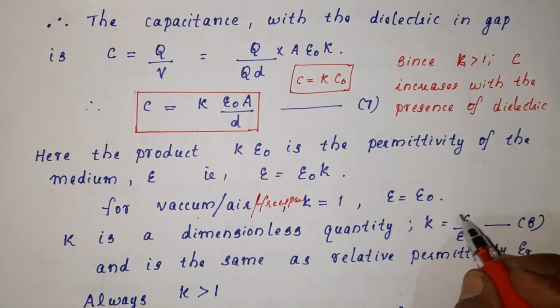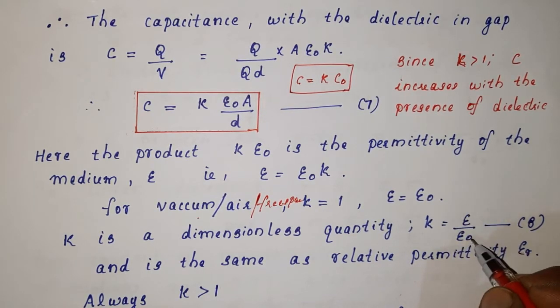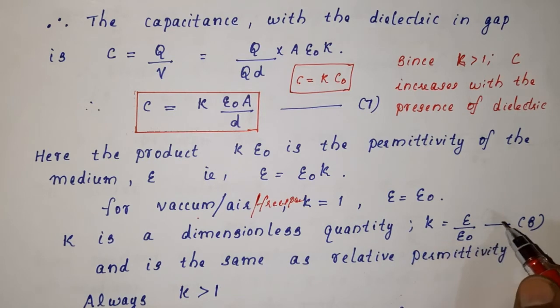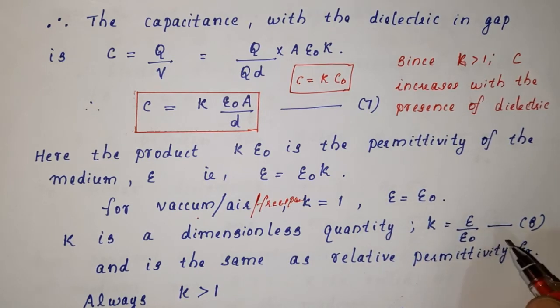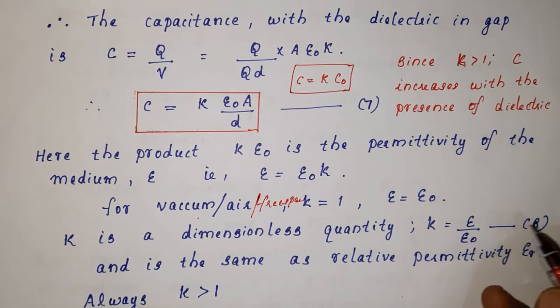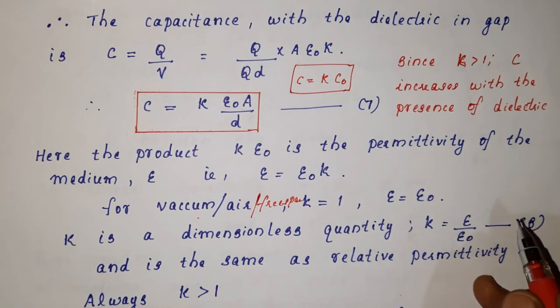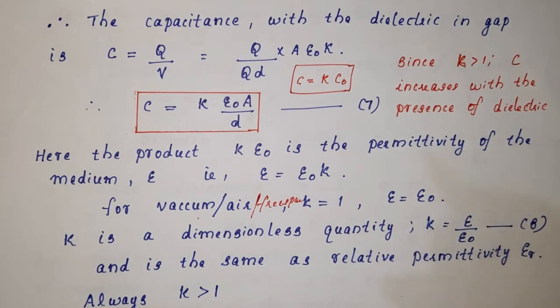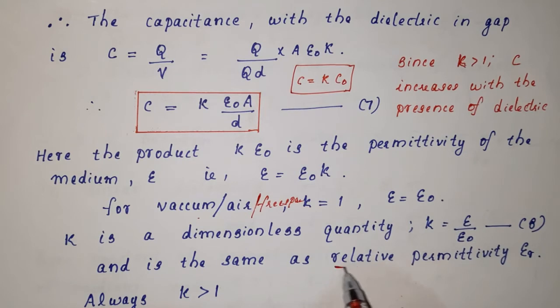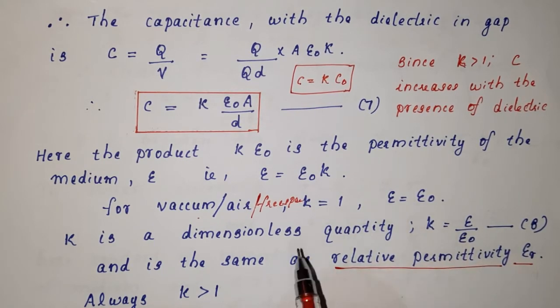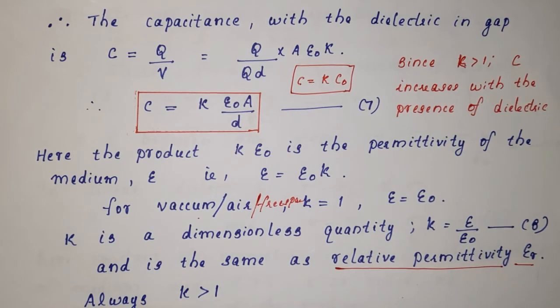And you have studied this epsilon by epsilon 0 by some other name in the previous chapter. What was it? Relative permittivity. So K, the dielectric constant, is the same as relative permittivity epsilon R. Okay, so that's our conclusion.